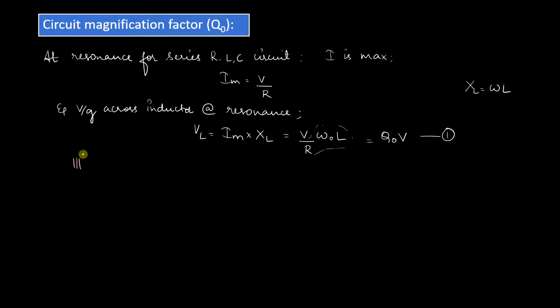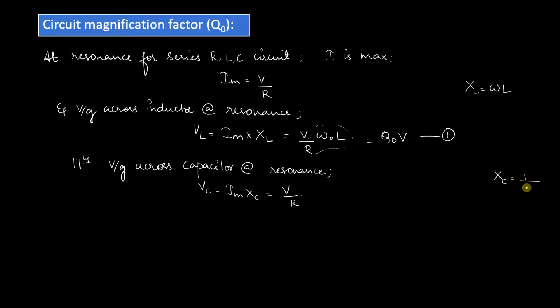Similarly, you have the voltage across the capacitor at resonance given as Vc equal to Im into XC. Again Im, because we are considering the current at resonance, and this is equal to V by R, and in this case XC is equal to 1 by omega C, and at resonance omega becomes omega naught.